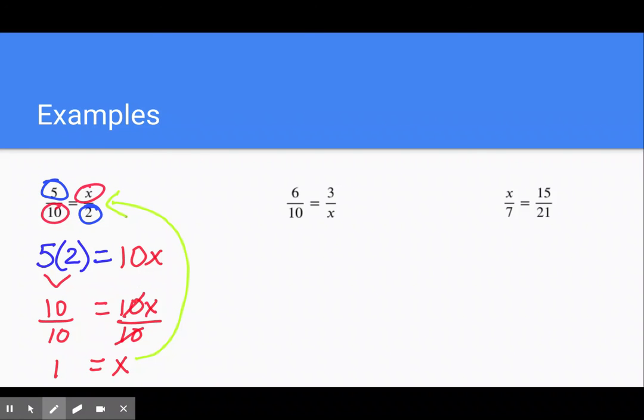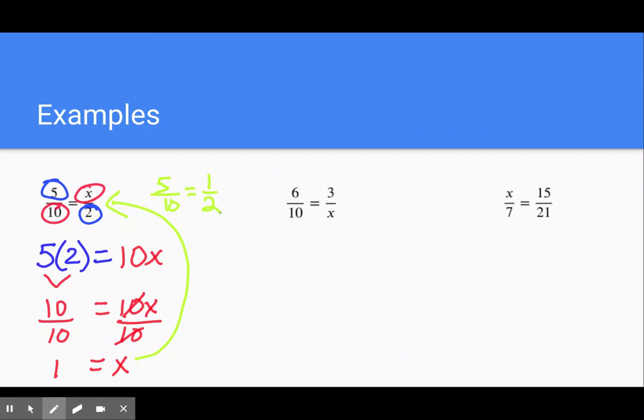So the fraction would be 5/10 equals 1/2. So that's how they get that number. It's a very long, drawn-out way to do this. You already know how to simplify. You can probably figure it out mentally that 5/10 is equal to 1/2.